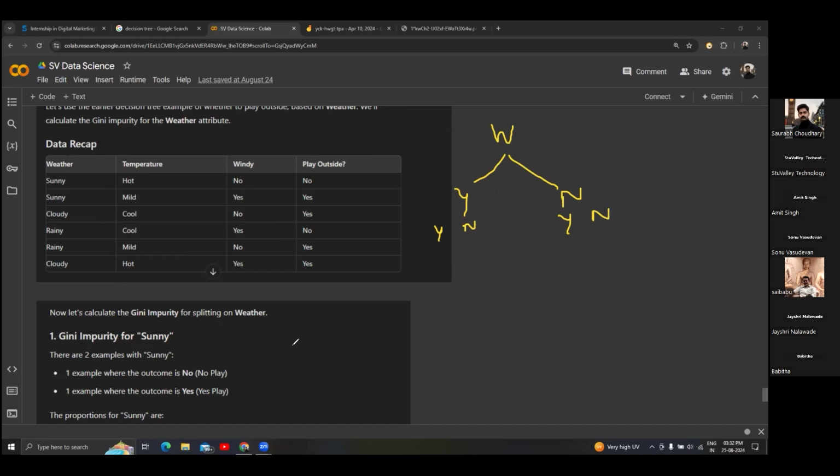For yes, two yes and one no. For no, two yes and one no. If you follow this, 2 by 3, what is 2 by 3? 2 by 3 is like 66%. 0.66 square, 1 minus the square.